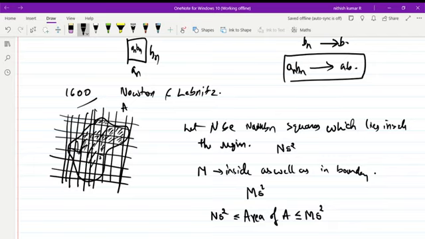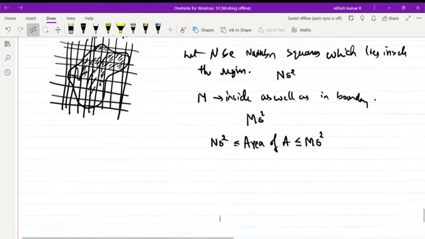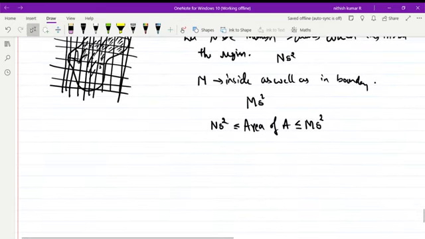This concept helped Archimedes in finding the area of a circle and the value of pi.